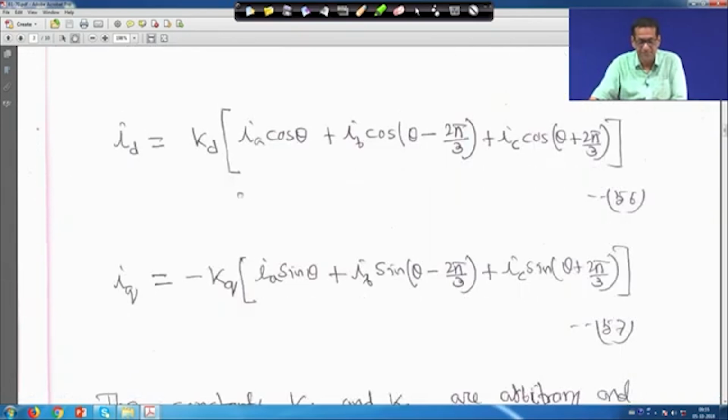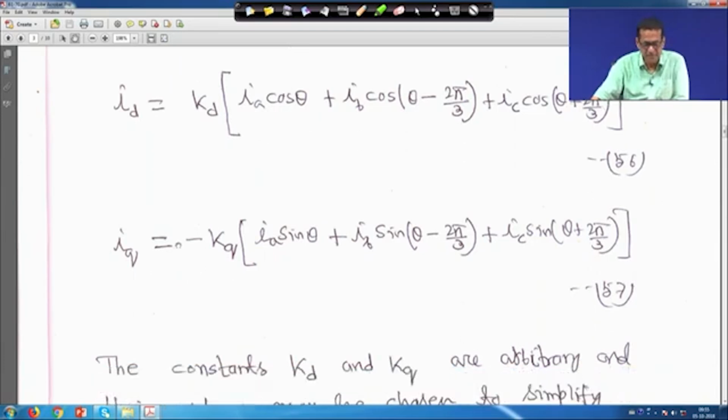Suppose we assume id is equal to some constant kd into ia cos theta plus ib cos theta minus 2 pi by 3 plus ic into cos theta plus 2 pi by 3. Say this is equation 56. Similarly, iq is equal to minus kq into ia sin theta plus ib sin theta minus 2 pi by 3 plus ic sin theta plus 2 pi by 3. This is equation 57.